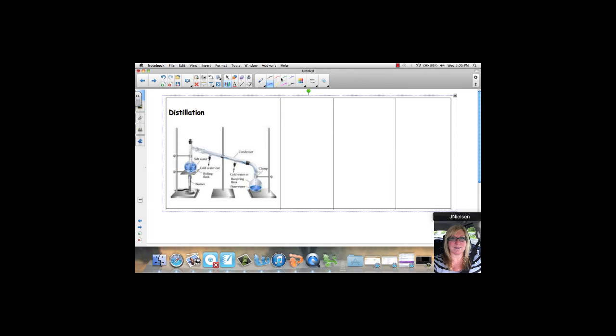Distillation. Distillation is also a physical separation.